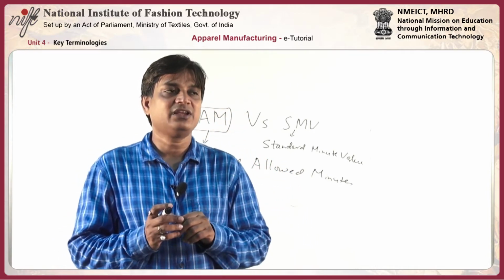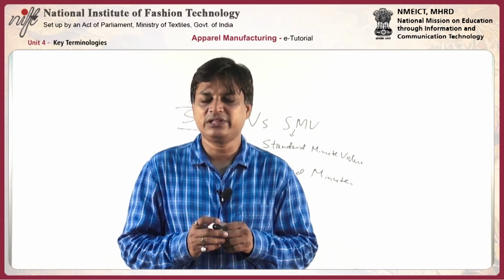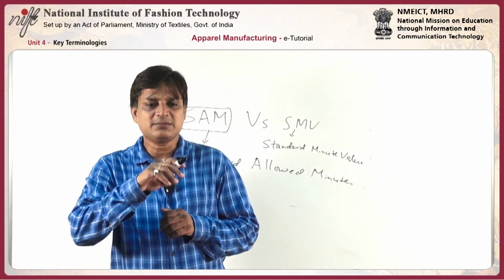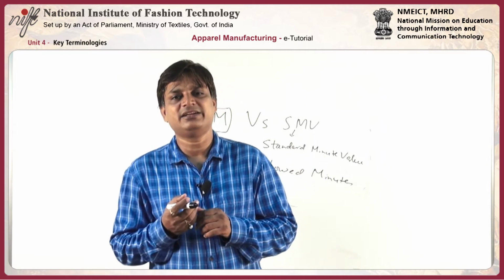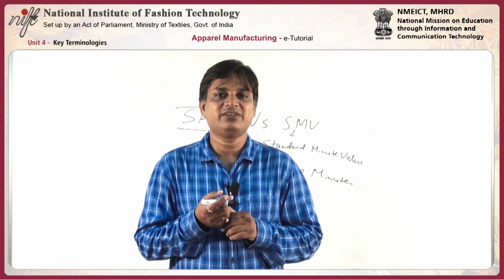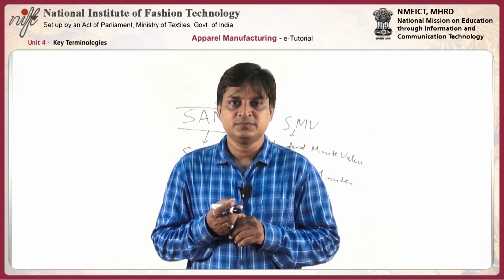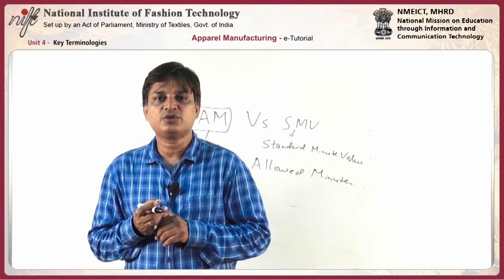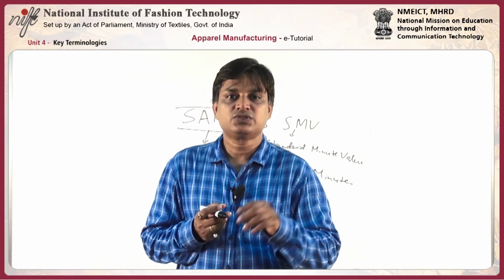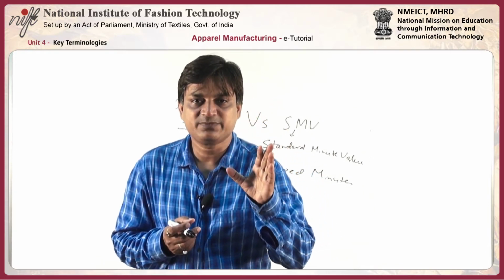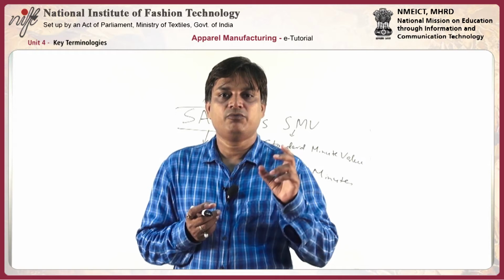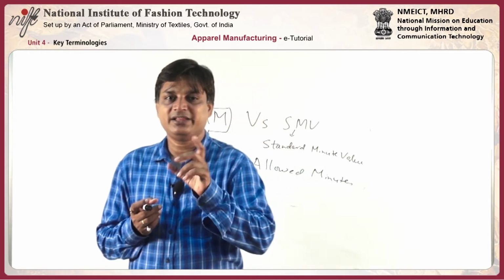We take data from the time study and finalize it, and that standard data is known as SAM. So it means the standard allowed time in minutes for any specified operation.